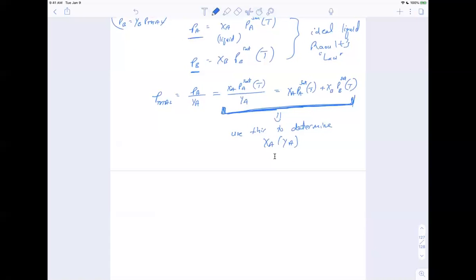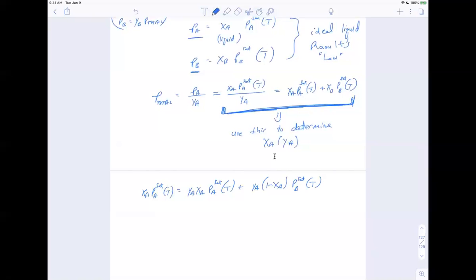We have x sub A times PA saturation is equal to, and we're going to multiply through by y of A. So we'll have y of A, x of A times PA saturation, plus y of B times x of B. But we know that x of B is just 1 minus x of A. So this is going to be y of A times 1 minus x of A times PB sat.